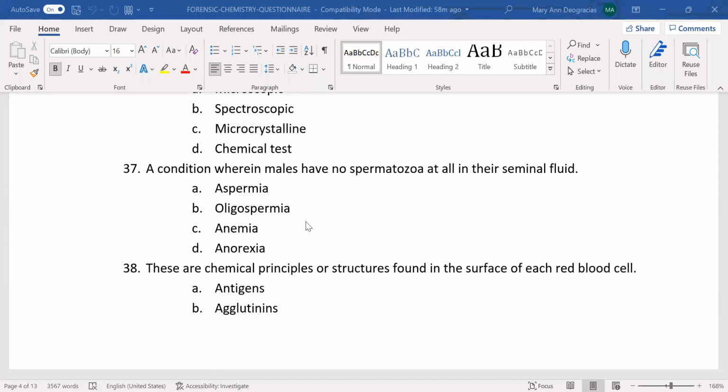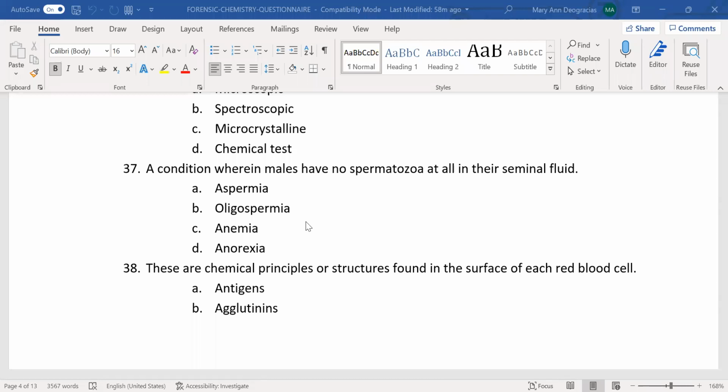Totally no spermatozoa in the semen, so that is sterility. Oligospermia means few spermatozoa. There are still some, but only a few. So oligospermia, few spermatozoa, is your keyword. Okay, so the answer for 37 is letter A.